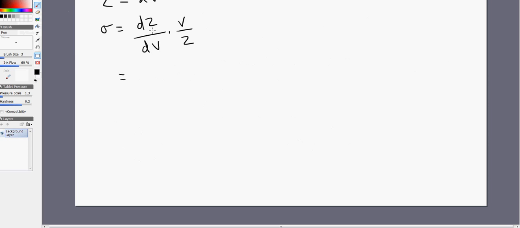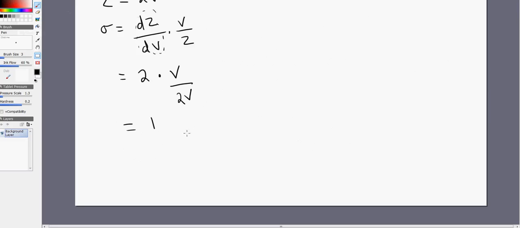The derivative of Z with respect to V is just 2. So we have the first part, the 2. We're going to multiply this by V, and then divide it by Z. But what is Z? Z is nothing more than 2V. So I'm going to put 2V in for Z, and now we simplify this, and it just equals 1. So that is the elasticity of substitution for our Cobb-Douglas production function.